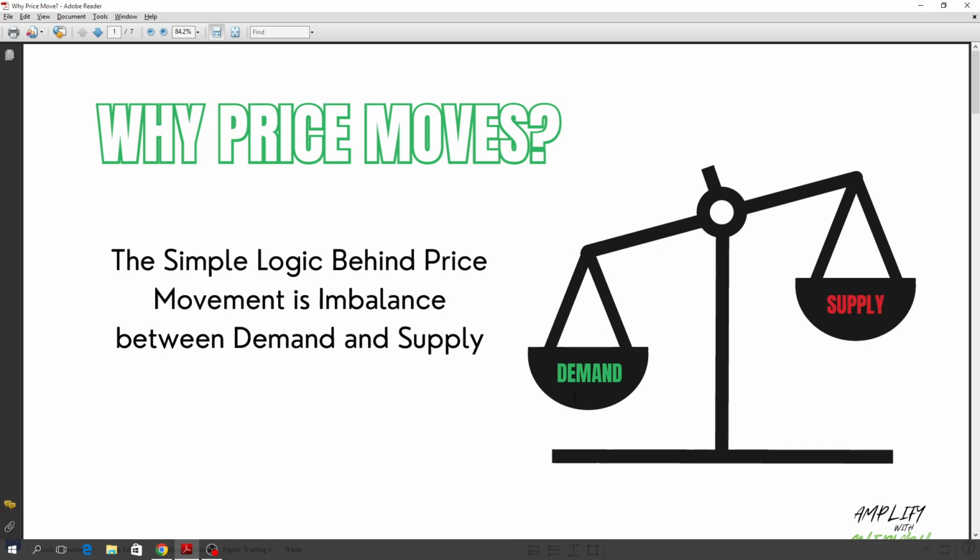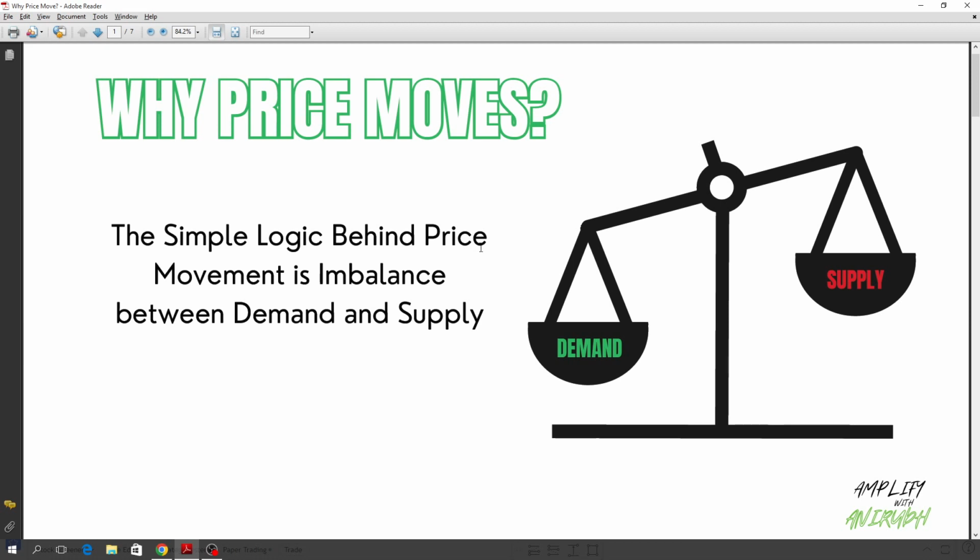Okay, remember these two words because they are going to help you identify the levels where these sharks, big players, institutions are leaving their marks, and we have to catch those places right over the chart. So the simple logic behind price movement is imbalance between demand and supply.